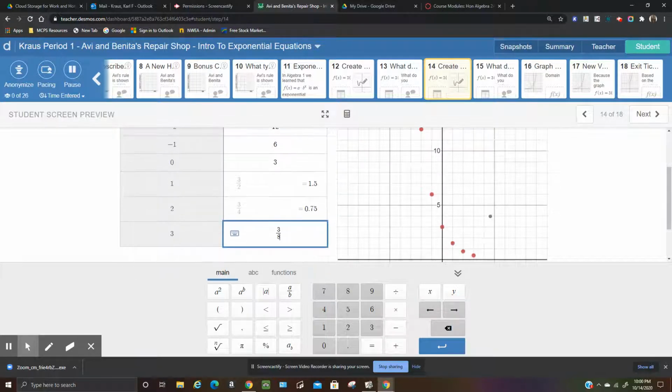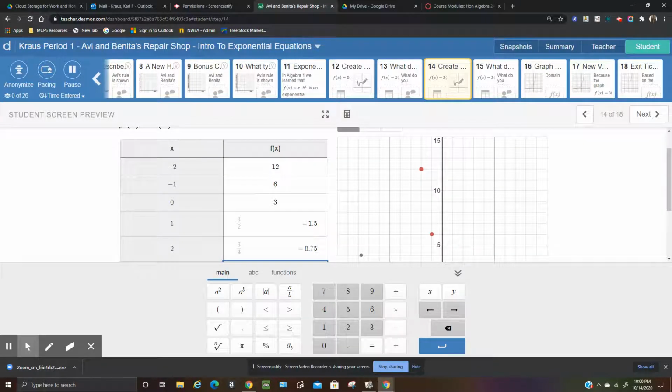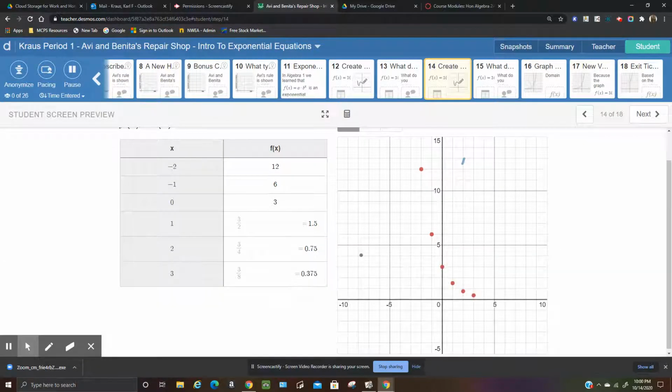Right. And if I sketch that graph through there, it looks something like this here. Oop. All right, I kind of missed that dot there, but exponential decay.